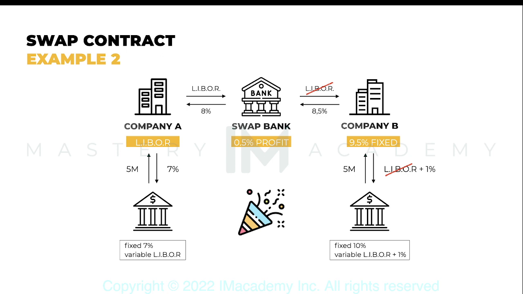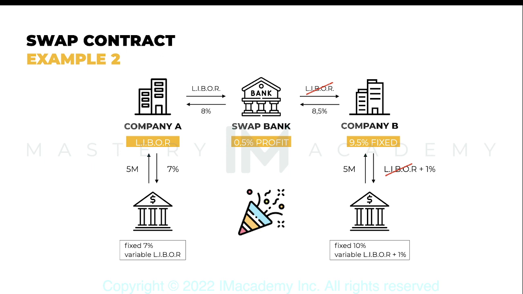The answer is, in effect, company A is now paying LIBOR for the whole term of its loan minus 1%. And that's better than paying LIBOR. It is lower than it could possibly get from its own bank. Again, why? Because 8% comes in, but 7% goes out, and it's paying LIBOR. Okay? So now it saves itself 1% and pays LIBOR to the swap bank.